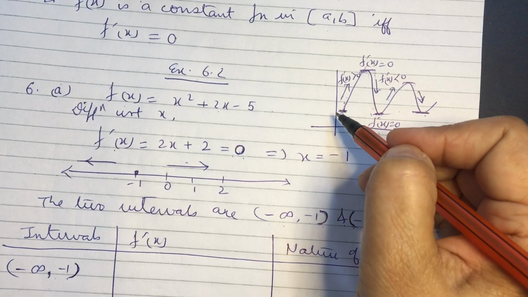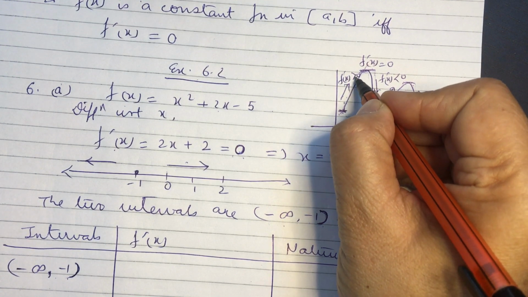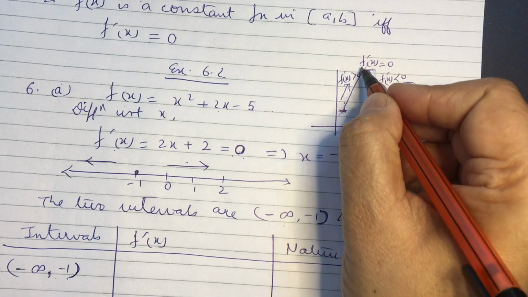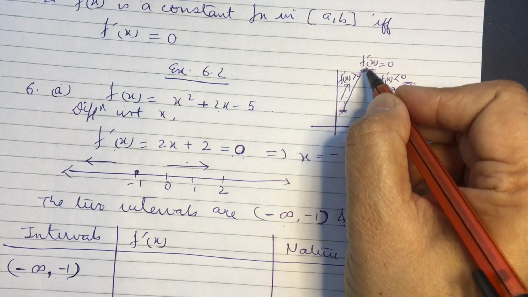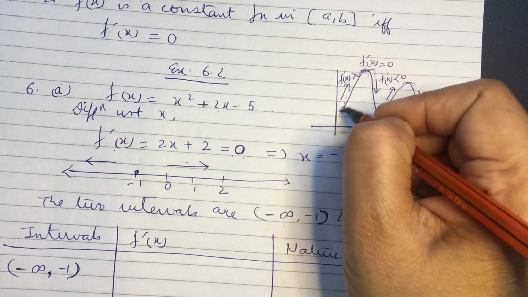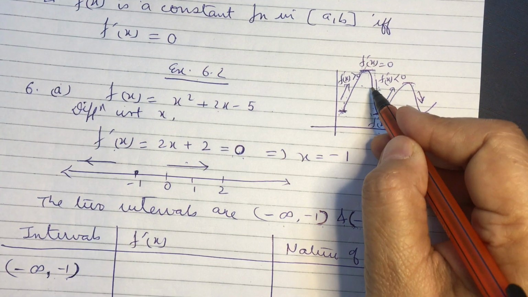And so what we see is, if f'(x) is greater than 0 at any point in this interval, all points of this interval will show the same property, that is f'(x) will be greater than 0. The same way over here.